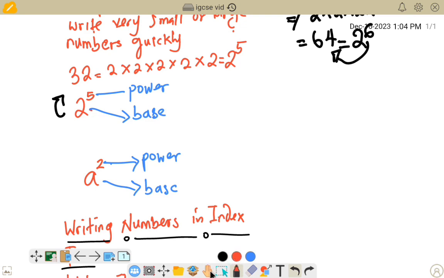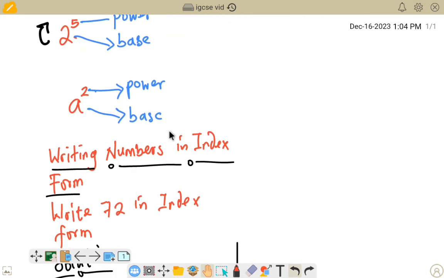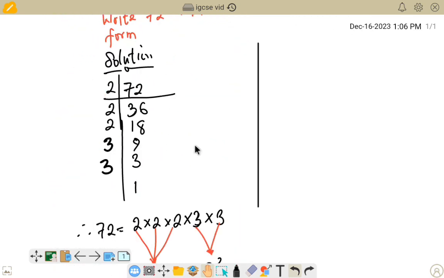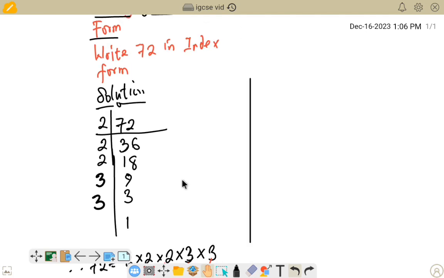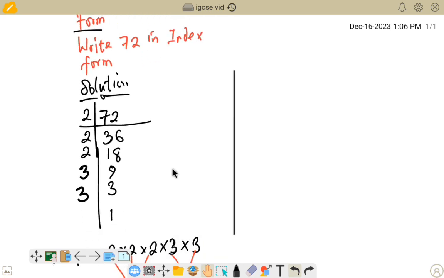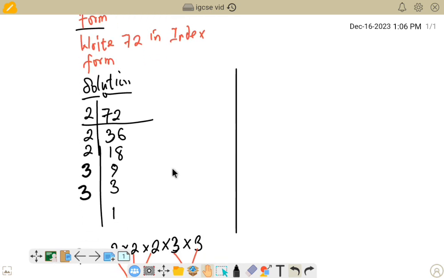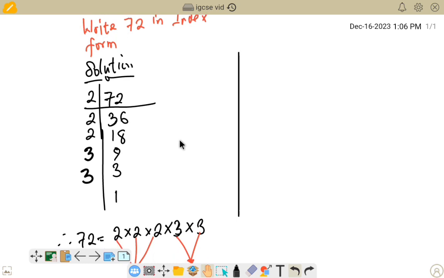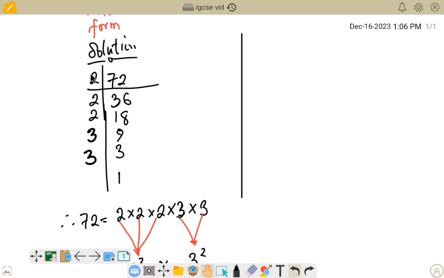Let's move on to the next part, which is writing numbers in index form. You have this question right here: write 72 in index form. It's pretty straightforward. You break 72 down using repeated division. 2 into 72 gives you 36, 2 into 36 gives you 18, 2 into 18 gives you 9, 3 into 9 gives you 3, 3 into 3 gives you 1.